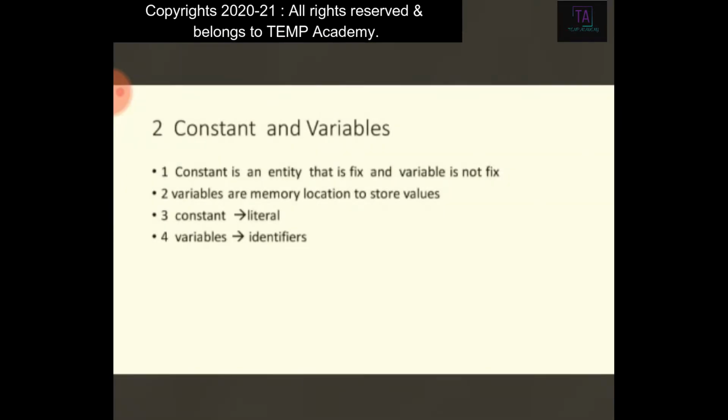If we create a variable like int x, then it will create a memory location in our RAM named x, where we can store integer type values like 12. Any integer type value we can store here. Next, constants are called literals and variables are also called identifiers.